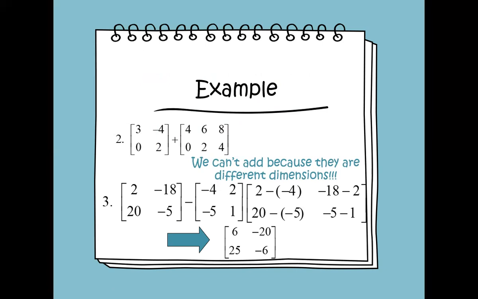As I told you before, you cannot add any matrix with the other matrix if they are not the same dimension. If you have different dimension, you cannot find the sum. But when you have the same dimensions, you can find the sum of these 2 matrices.